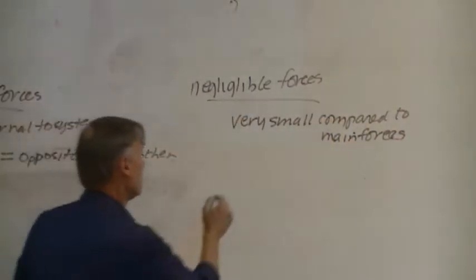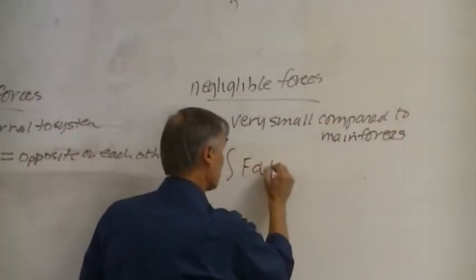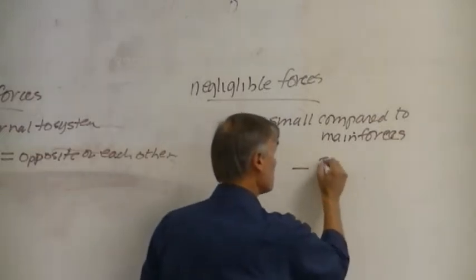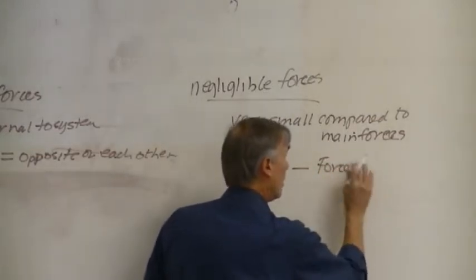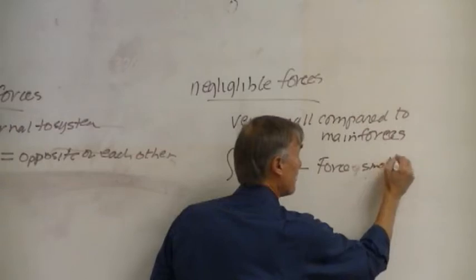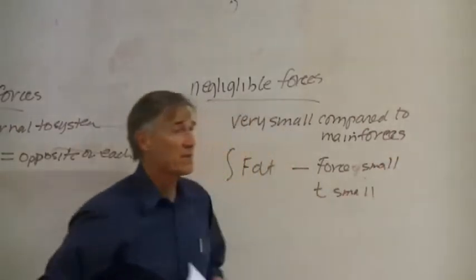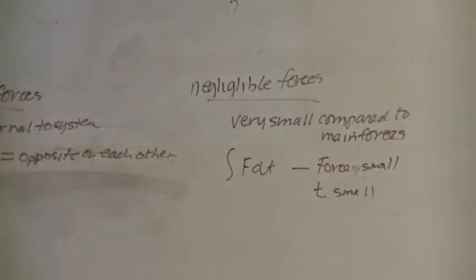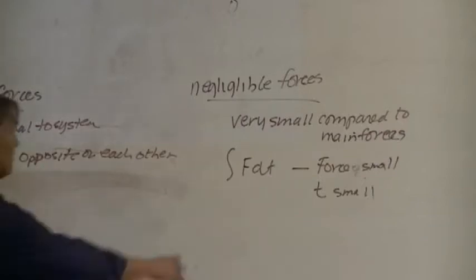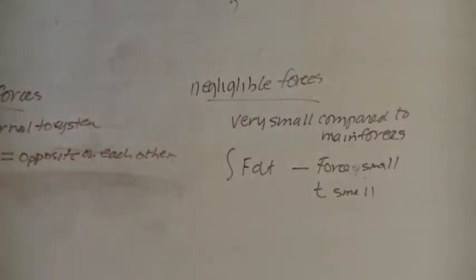But basically, the integral of f dt is this force. And so either the force is small, or the time is very small. So if you have something in a system with a very small force compared to the big forces, you can generally ignore that. Or if the time through which it acts is very small, then you can ignore it. So either the force or the time.